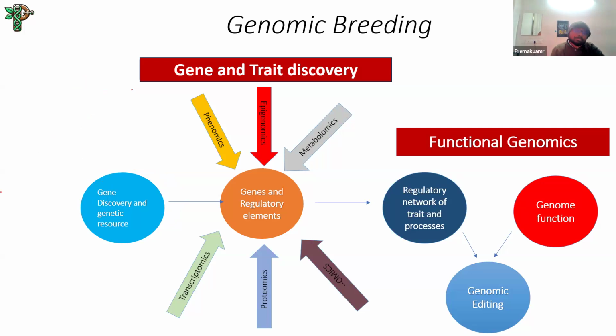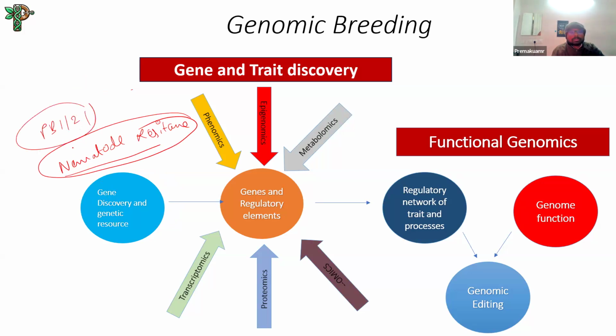For example, you want to develop a nematode resistant variety. What do we have to do? We want to improve your PB1121 for nematode resistance.